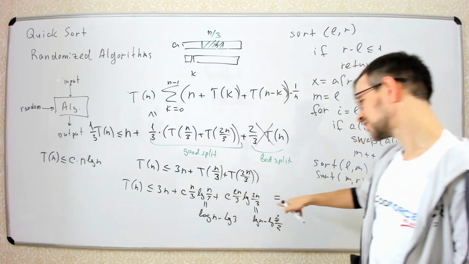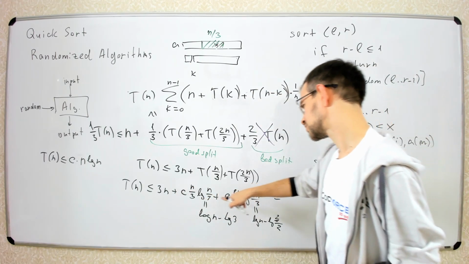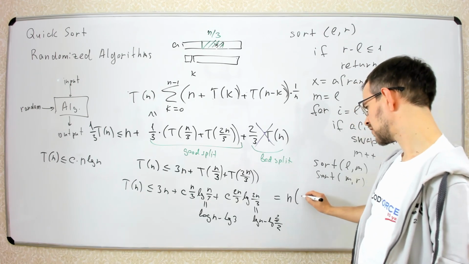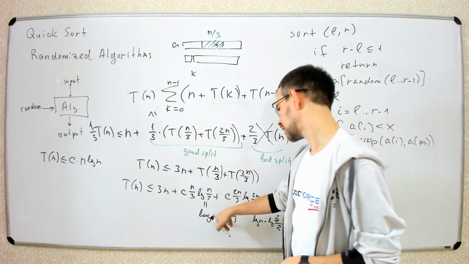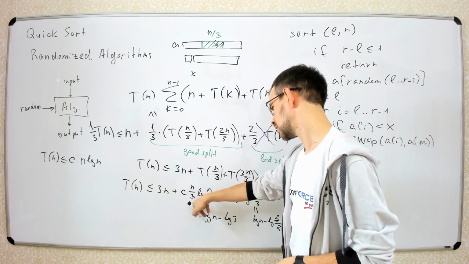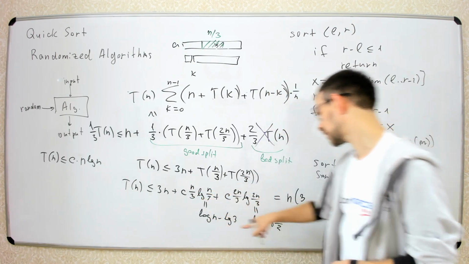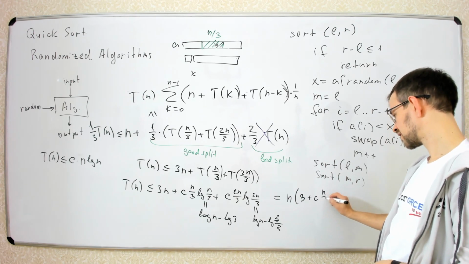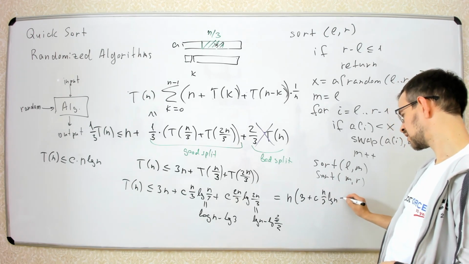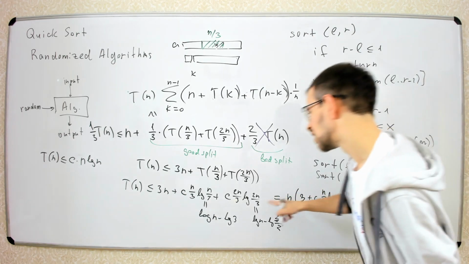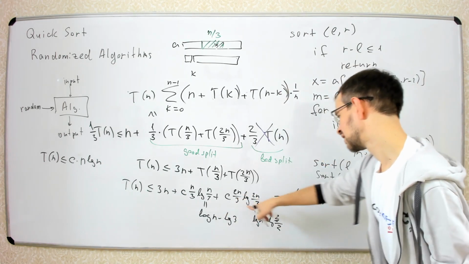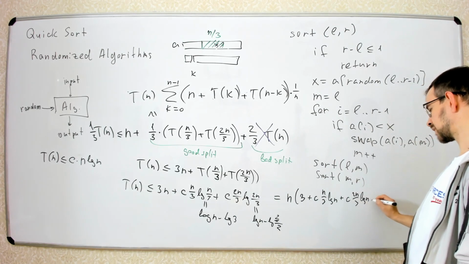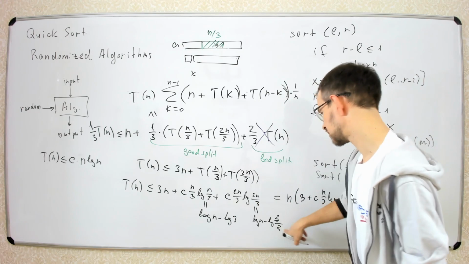So we have this. Let's just remove n from this. So we have n multiplied by 3 plus cn/3 multiplied by log n, plus this, c(2n/3) multiplied by log n, and then minus this and minus this.